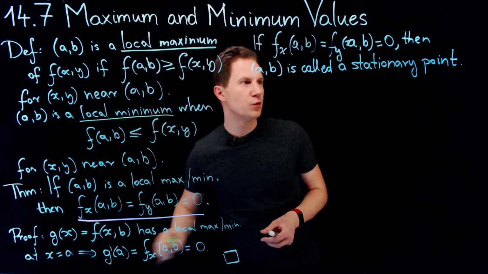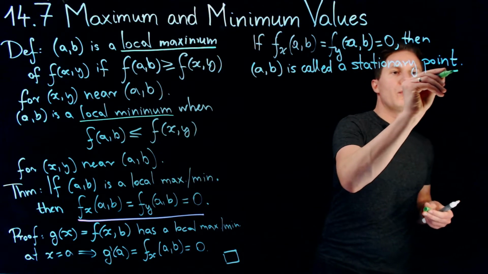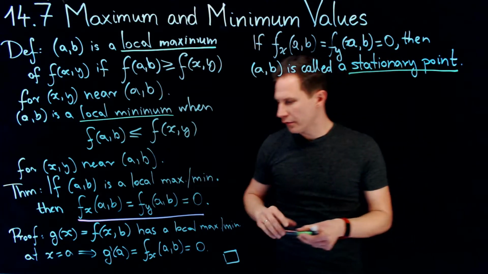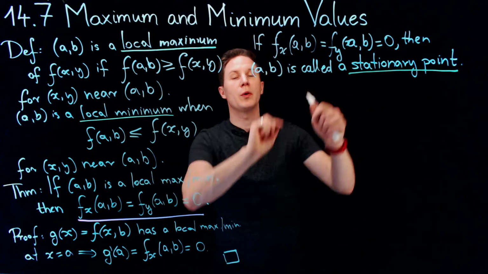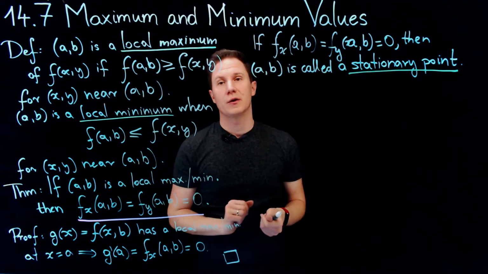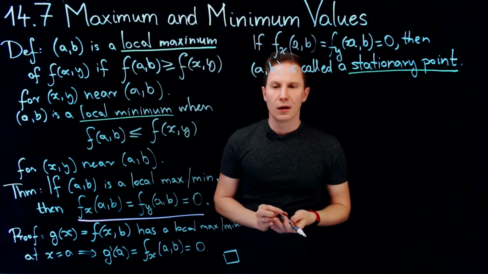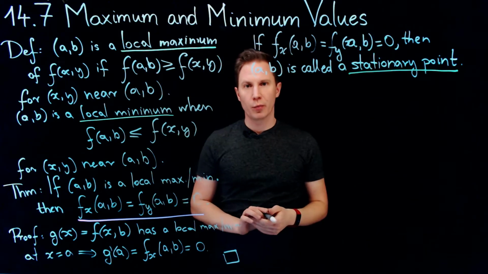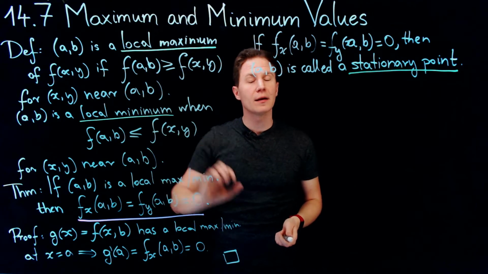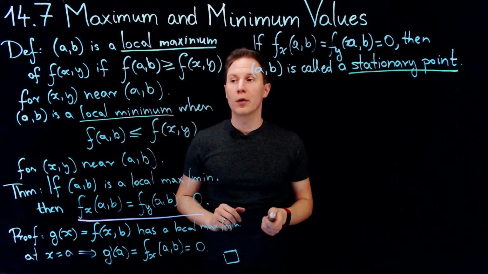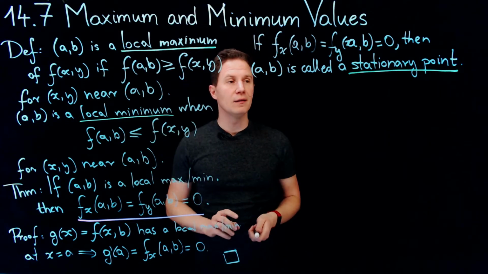So this is a new definition. A point is a stationary point if the function's first order partial derivatives both vanish at that point. Okay? So once we have a stationary point, we have a chance at finding a local maximum or a minimum, but it is not guaranteed.